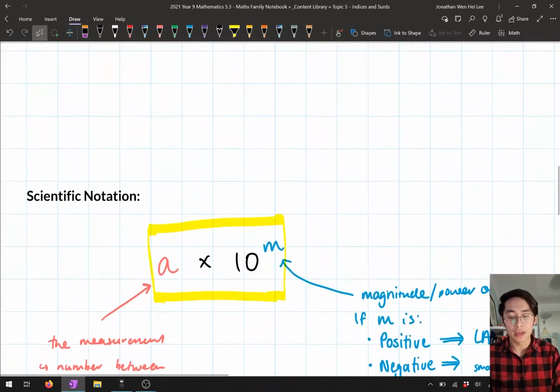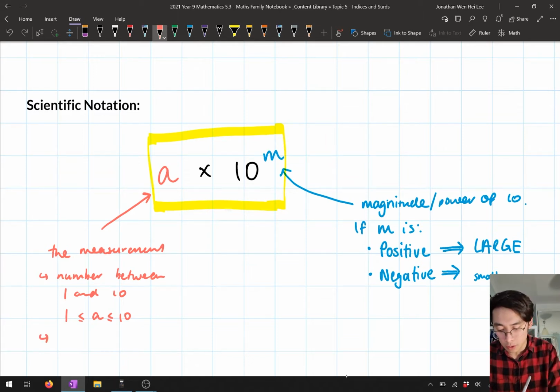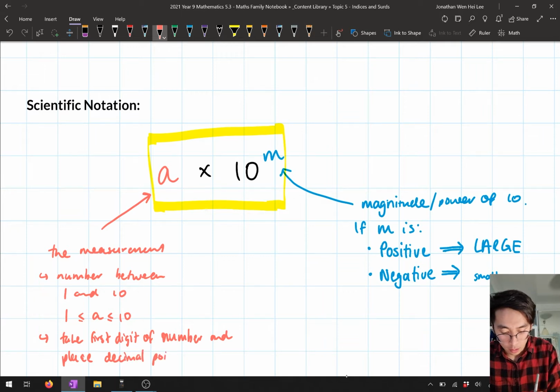Now, the other thing with a, I forgot to add this on: when we write down the value of a, we usually take the first digit of our number and place a decimal point after it.